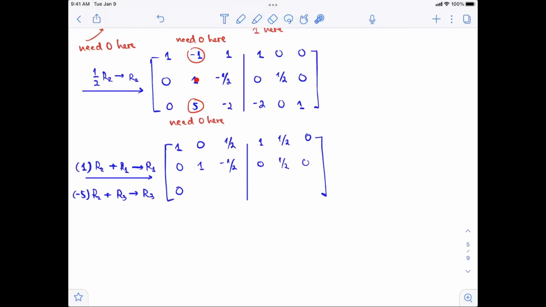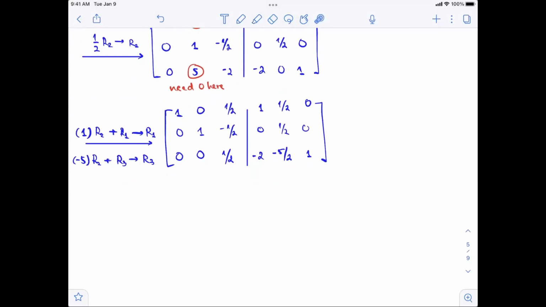Negative 5 times 1 is negative 5, added with 5 becomes 0. Negative 5 times negative 1/2 is 5/2, and then added with negative 2, you have positive 1/2, and so on and so forth. This is negative 2, this is negative 5/2, and this is positive 1.